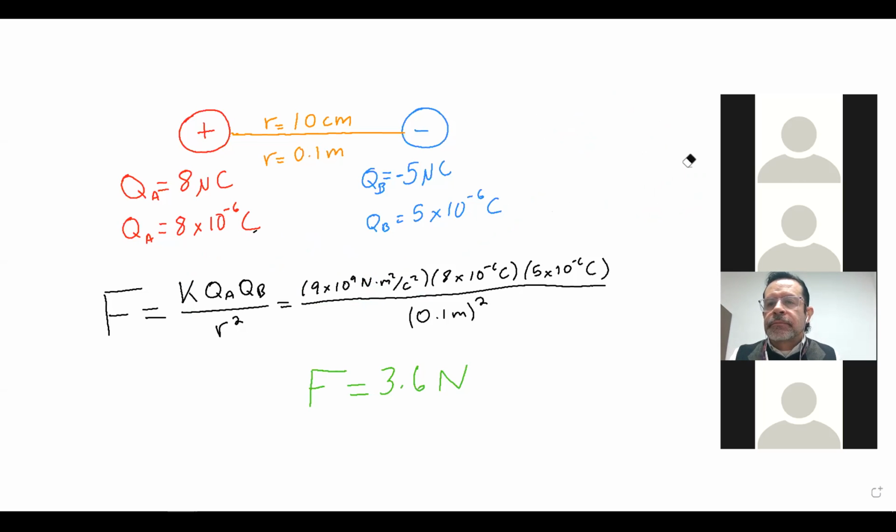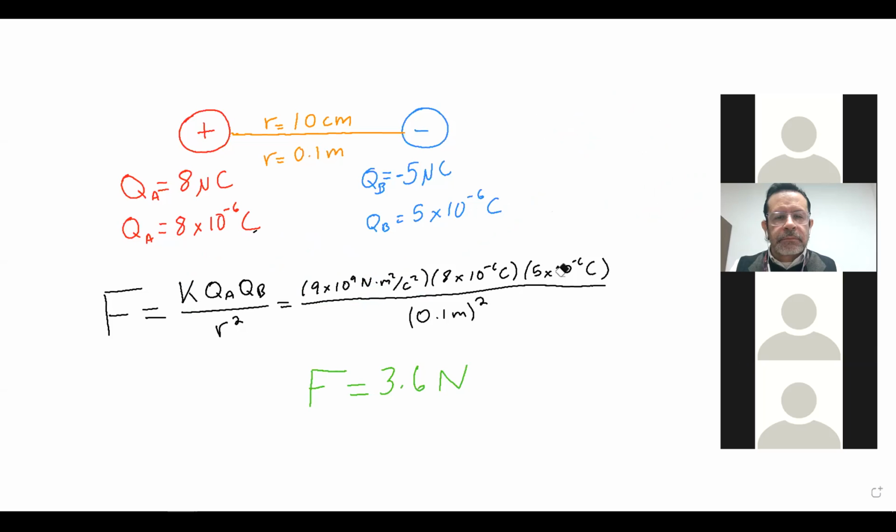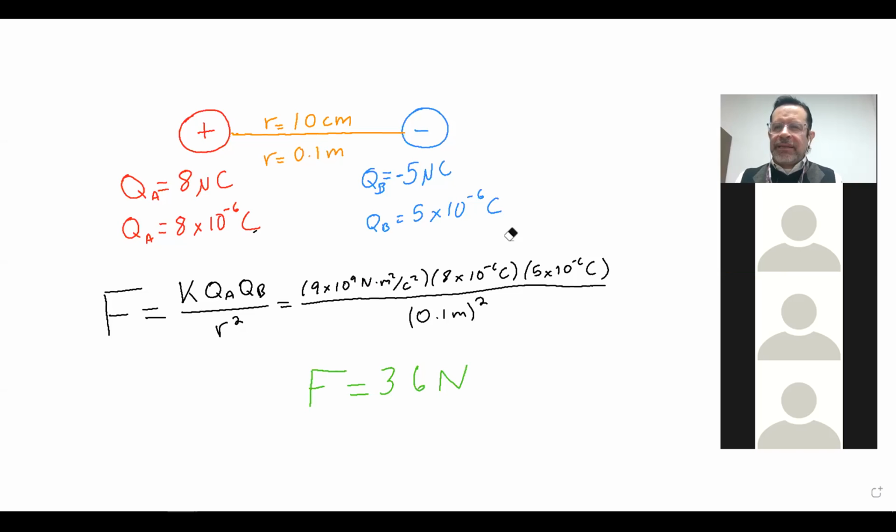Sir, it's because we made a mistake and it is 36. And my other question is, do we have to ignore the constant that they are giving us in the problem? I mentioned that at the beginning of the problem, Andrea. The constant is actually 8.99999 times 10 to the 9.